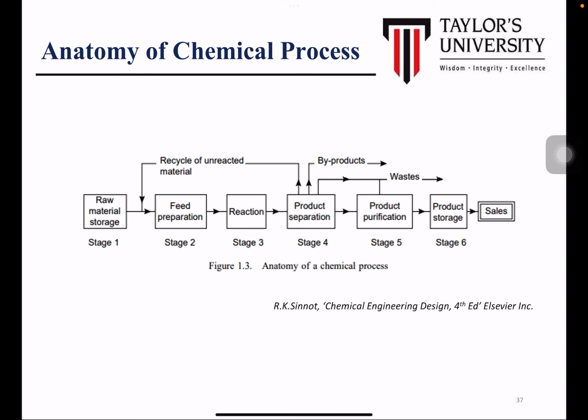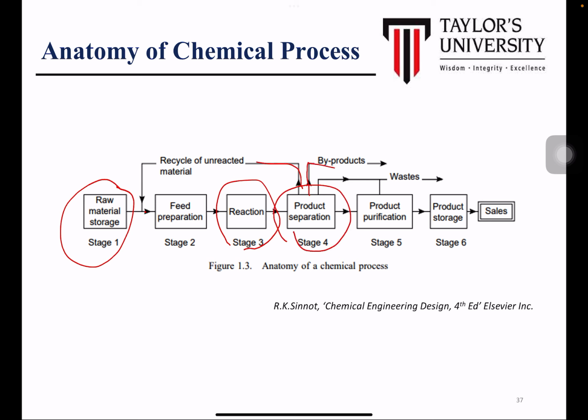Okay, coming back to the third part of lecture 1, let's recall the anatomy of a chemical process. So we start with stage 1, raw material, right? Feed preparation or pre-treatment. We go to the reaction stage, product separation. Unreacted material will be recycled back.